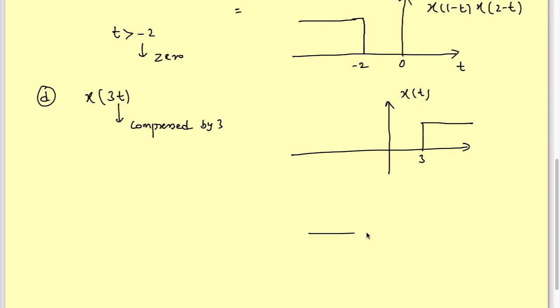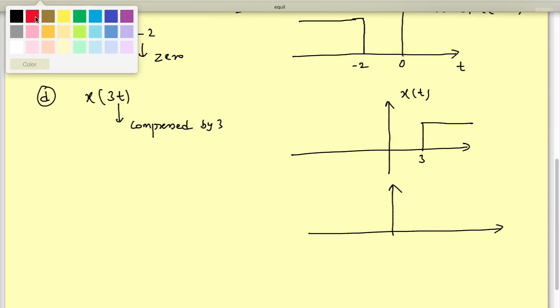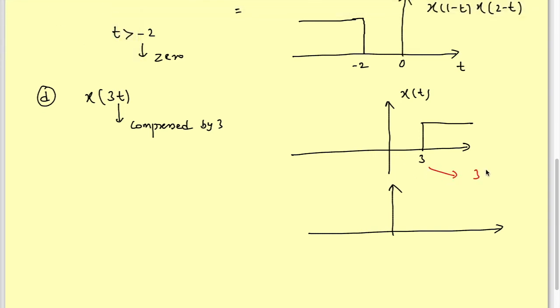Then x of 3t will look something like this. That is, divide this by 3, equal to 1. So it will start from 1. So this is x of 3t. The signal is 0 for t less than, sorry, not minus 1 but positive 1.